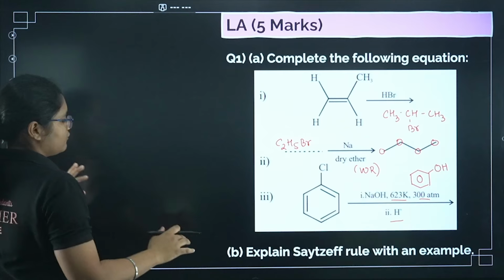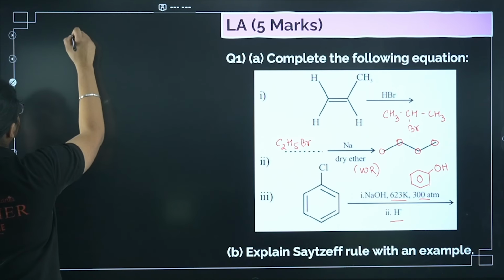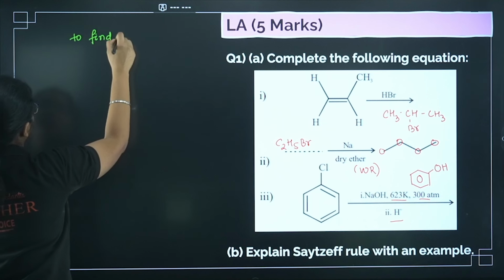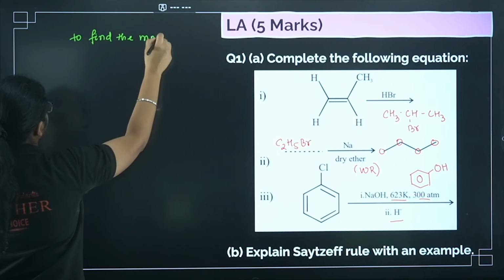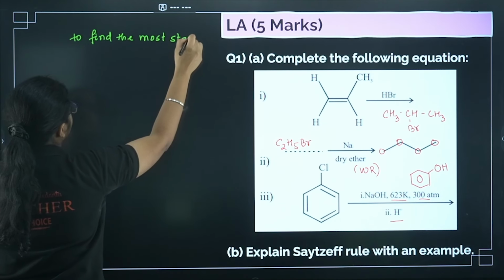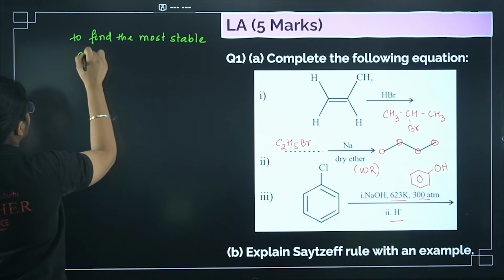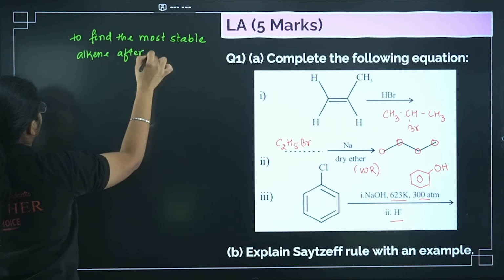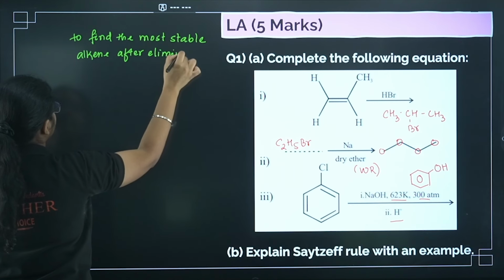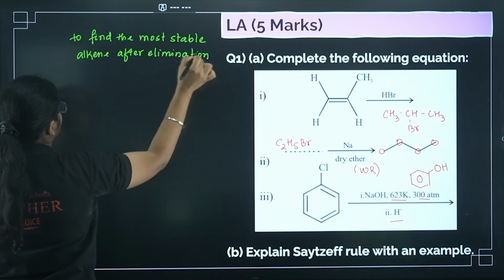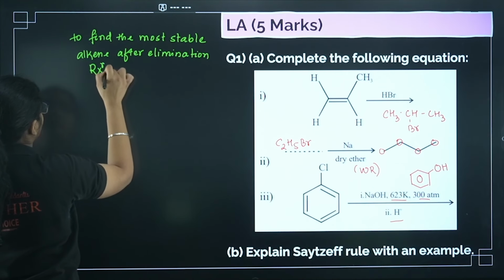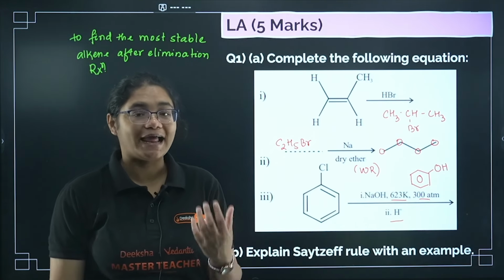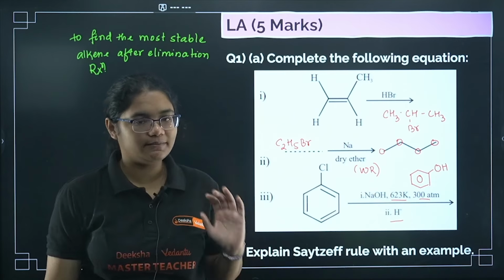Saytzeff rule is used to find the most stable alkene which is formed after the elimination reaction.